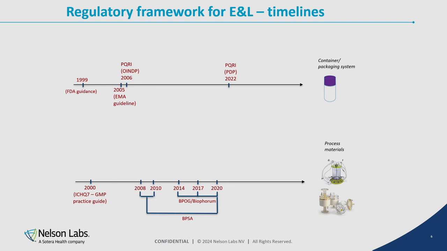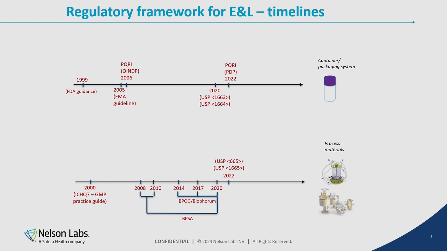And then later on, some similar documents were also published. There were some white papers coming from BPSA, and also some papers from Bioforum or BPOG. And then there were the USP chapters for container closure systems and delivery systems, 1663 and 1664.